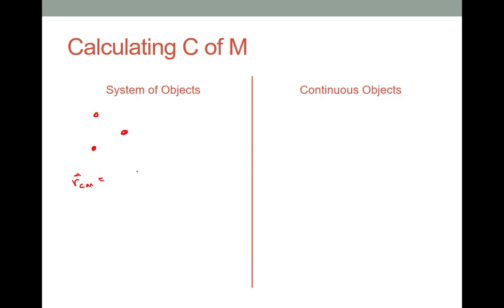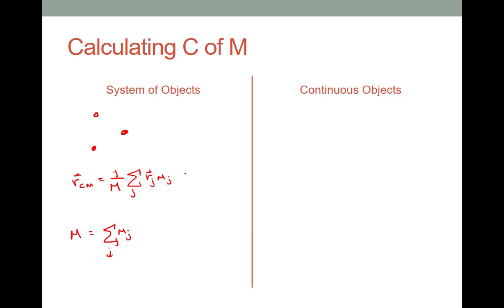It means that I sum up the position of each object multiplied by the mass of each object, and then, to make the units correct but also to eliminate the mass effect, if you will, I want to divide by the total mass, where the total mass is literally just the sum of all of those masses.